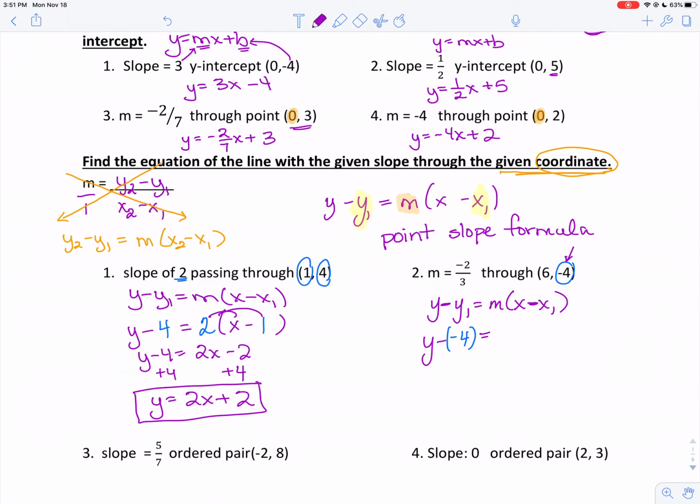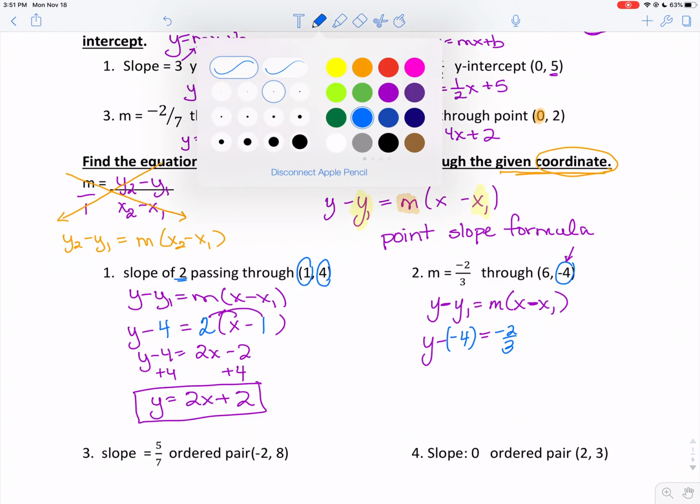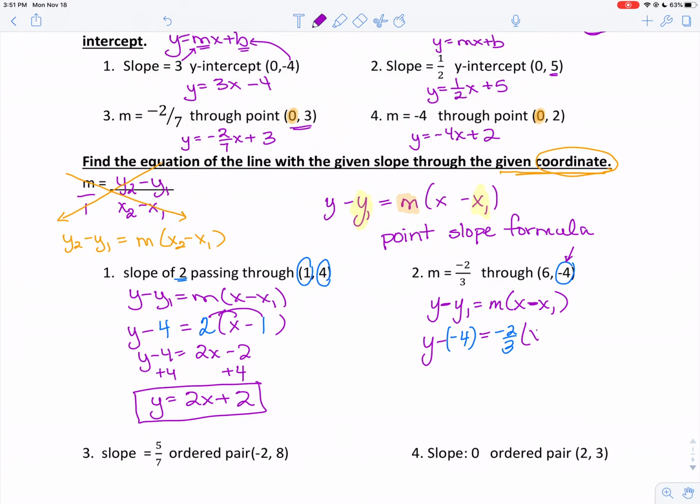So now let's put my slope in, minus 2/3, and that's times my x minus, what's my x1? It's your x value. It's just going to be 6. So now, again, I want to go ahead and just distribute so I do not have to deal with that parentheses.